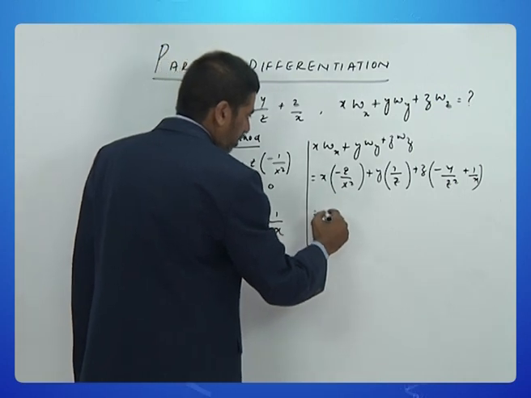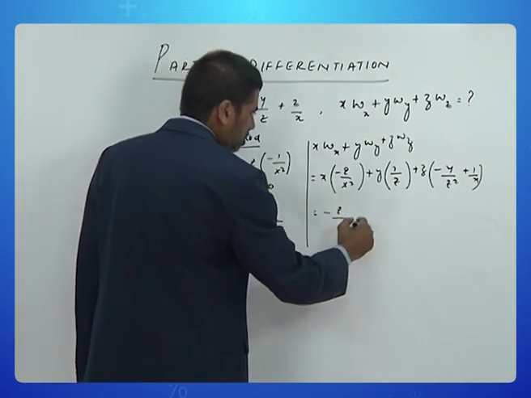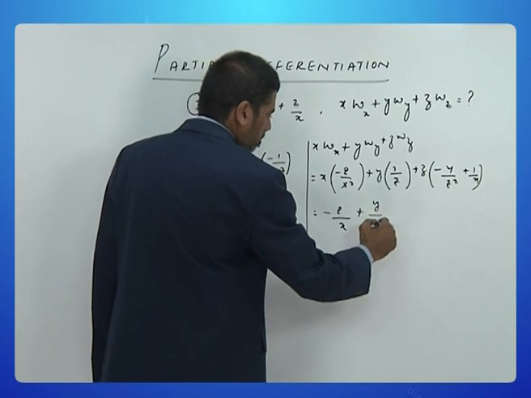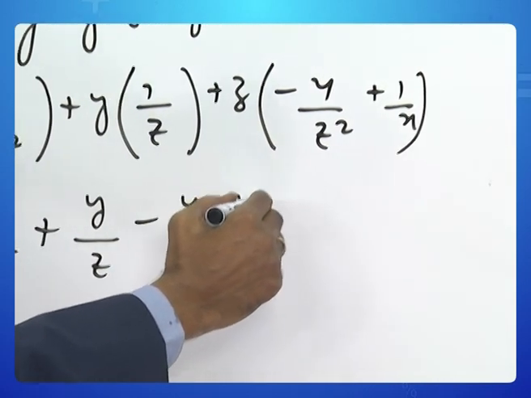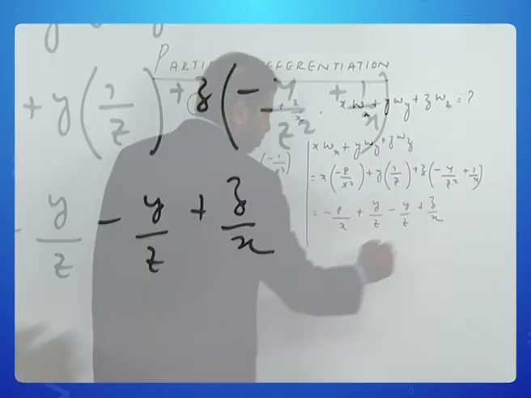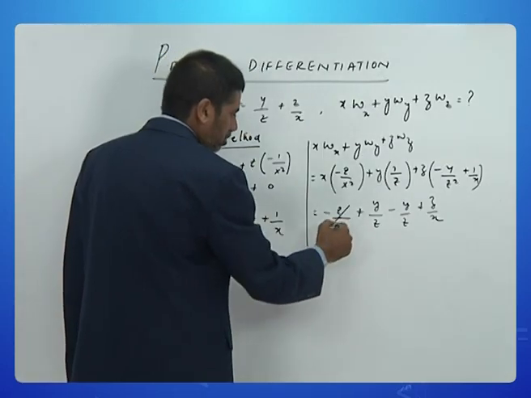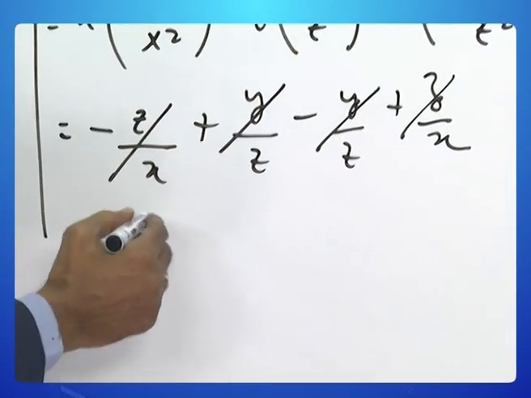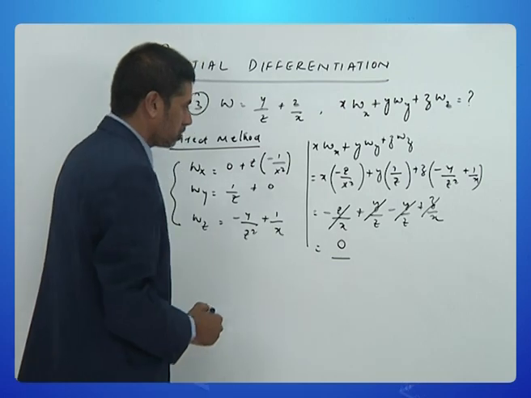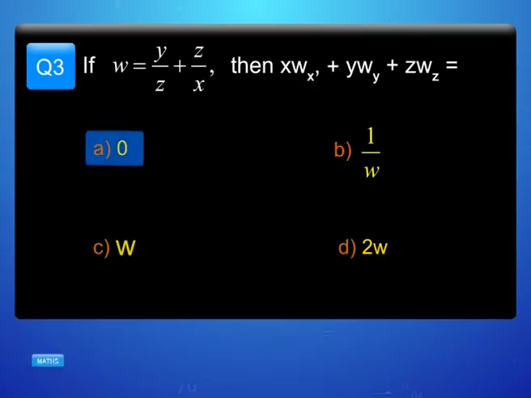So let's simplify. Minus z by x plus y by z minus y by z plus z by x. You can find that the answer is 0 after all the calculations, and the correct answer is A.